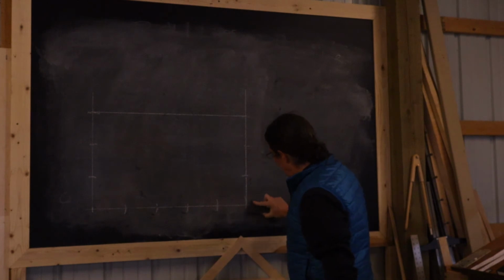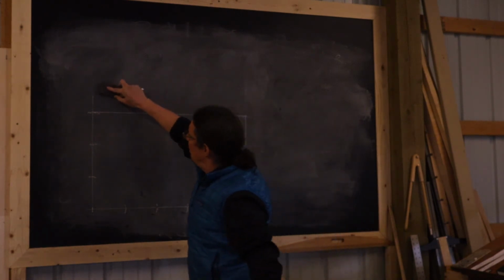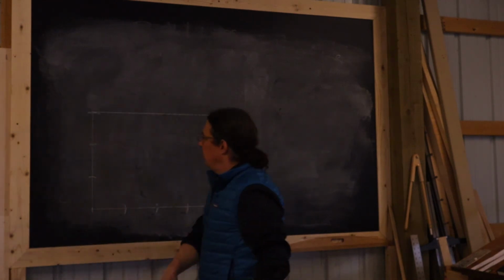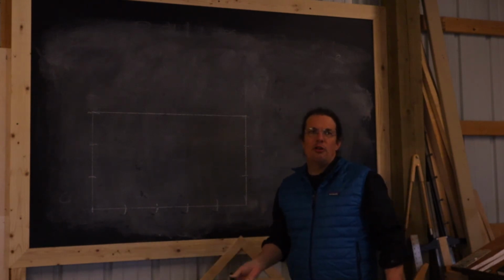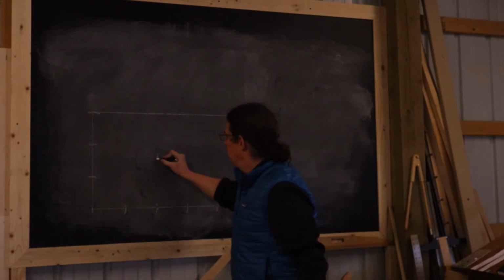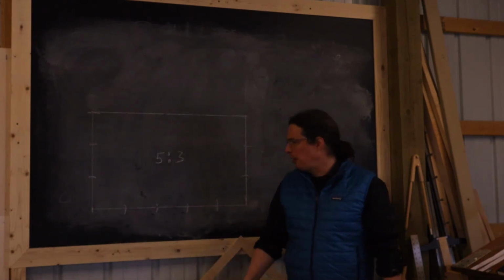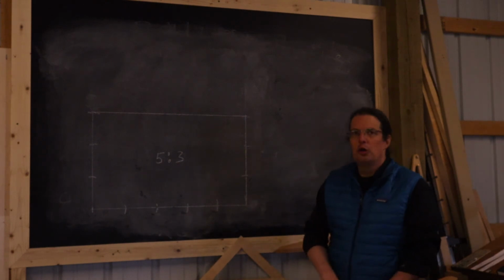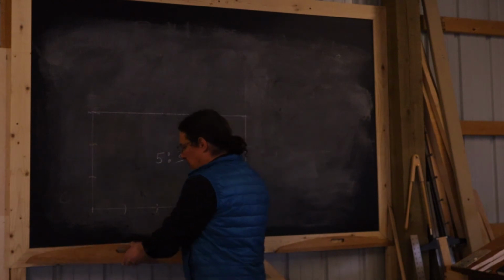And anything that overshoots these corners, well, that can just be erased. And what I'm left with is a rectangle whose sides exist in a chosen ratio, in this case 5:3. There's my rectangle.